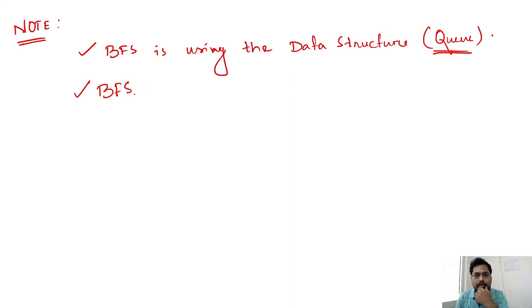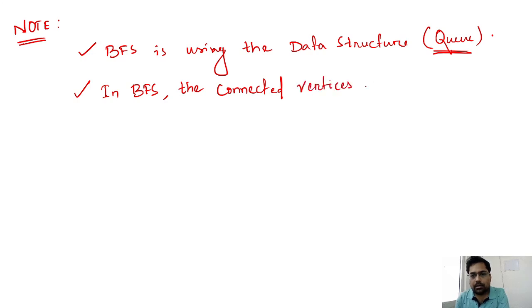In BFS, the connected vertices will be visited first. First we'll visit the connected vertices of the source vertex, which has already been visited.